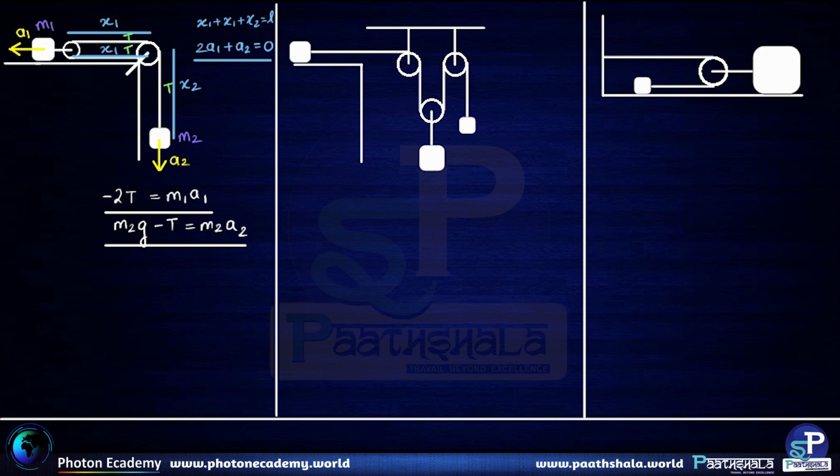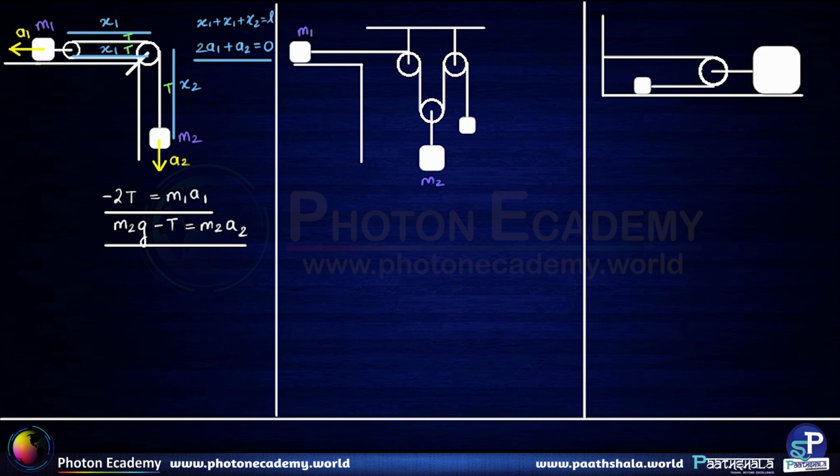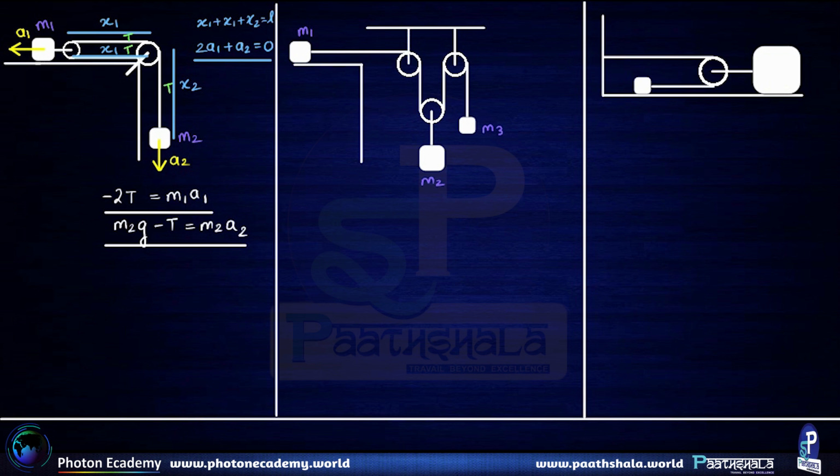In the second case, let me label the masses. So this is the mass m1, this is the mass m2, and this is the mass m3. Let's note down the constrained lengths that we are going to use while adopting constrained motion. So this is, let's say, the distance x1.